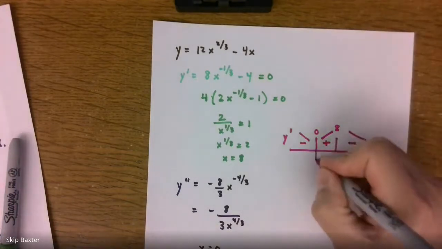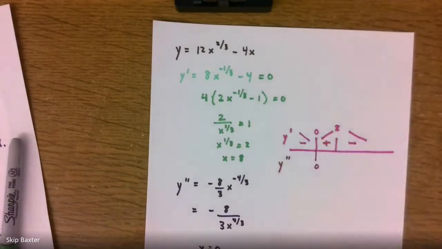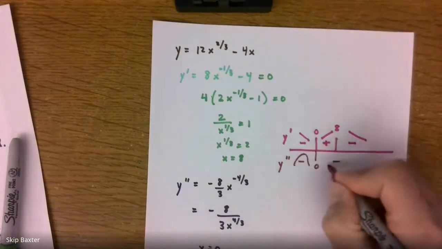So we have 0, y double prime. And if you look at this, it's actually always negative. The bottom's always positive because it's something to the 4th power. The top's always positive, but then there's this negative out front. So this is negative, negative, concave down in both cases.